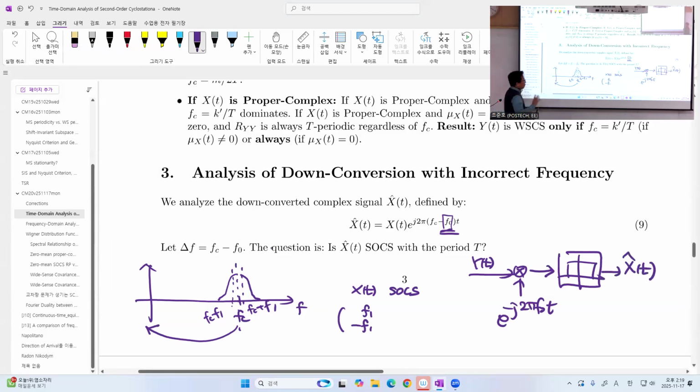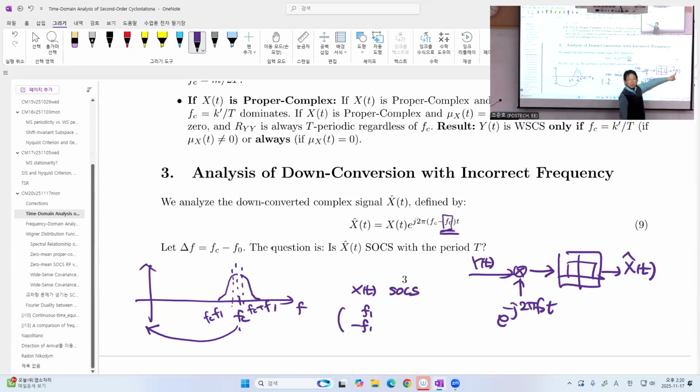Then what can you say about the second order cyclostationarity of this x hat of t, not x of t? If f0 equals fc, we already know that because we didn't use the implication. We used the if and only if conversion in the previous discussion. So definitely this x of t is second order cyclostationary.